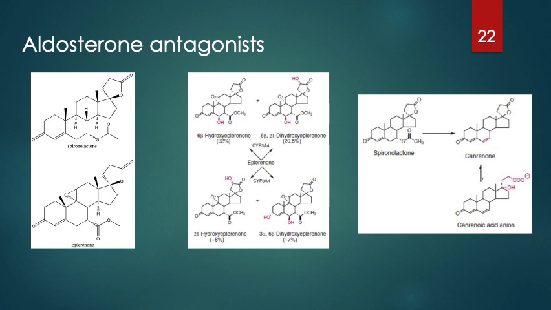This epoxide prevents it from binding to the androgen receptor, progesterone receptor, and glucocorticoid receptor. So the presence of this epoxide is key in preventing eplerenone from having the sexual side effects that spironolactone has. Eplerenone was actually designed as an analog of spironolactone that would have less of the side effects.